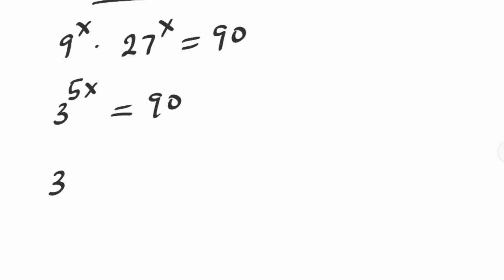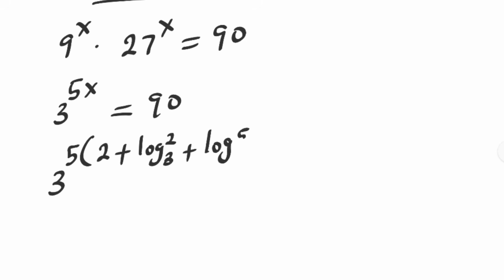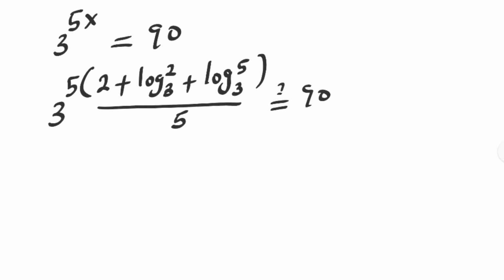Here we have 3 raised to power 5, bracket x is 2 plus log 2 base 3 plus log 5 base 3, all over 5, all divided by 5, must be equal to 90.